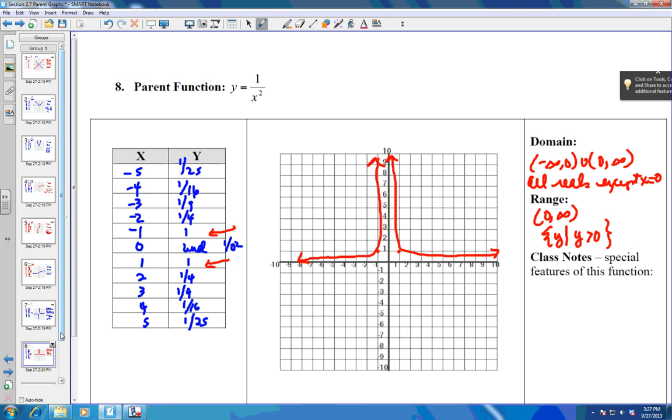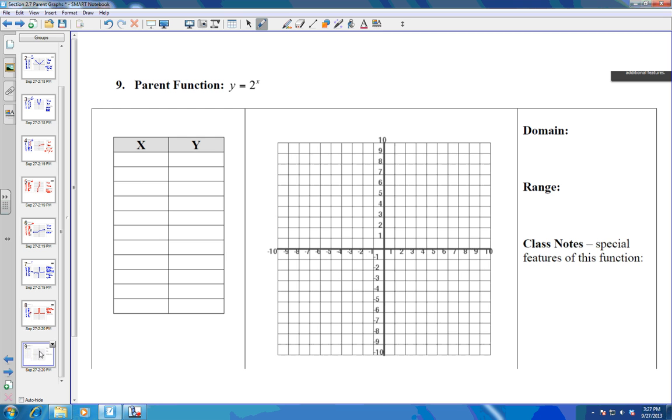And the last one, I believe, y equals 2 to the x. Okay, so let's do our numbers. This time I'm plugging these values. This is going to be like 2 to the -5th. All right, so when we plug that into our calculator, when I plug in -5, I'm going to get 1 over 32.